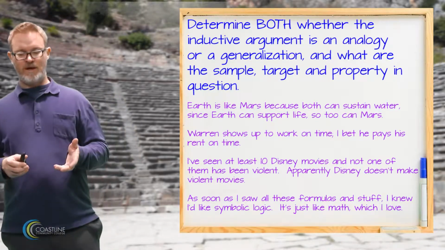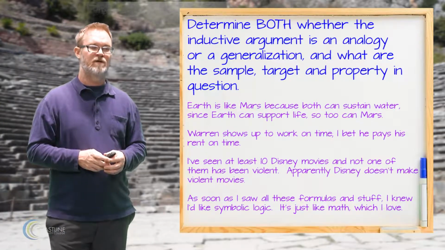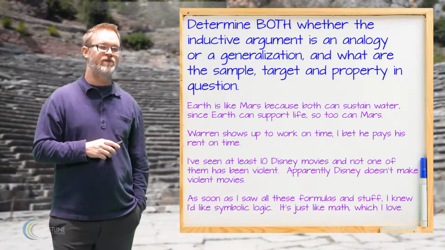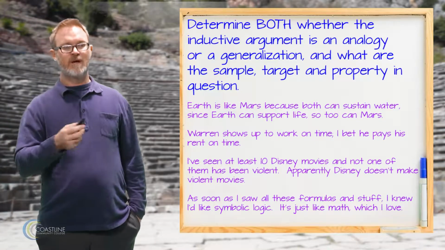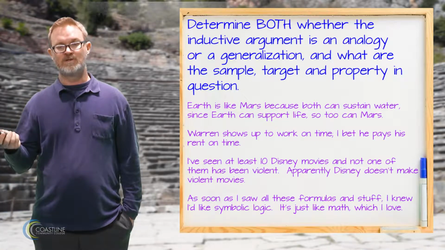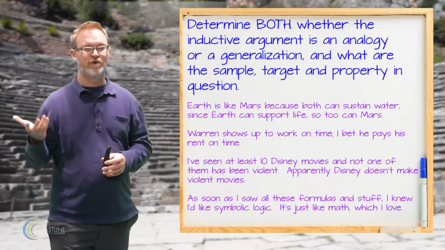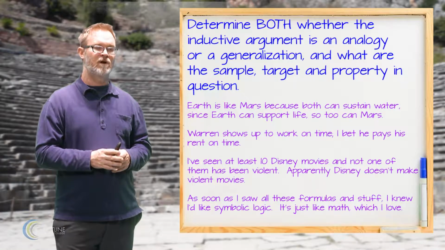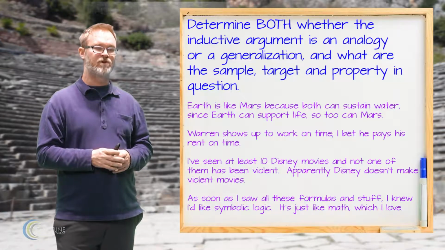Now that being said, we know that for a generalization, the target class is always going to be lots of things. And so we have here an inductive generalization. Your sample, again, is the 10 Disney movies that you've seen. The target is all Disney movies, and then something like making violent movies, or being violent movies, is maybe our property, our feature in question.